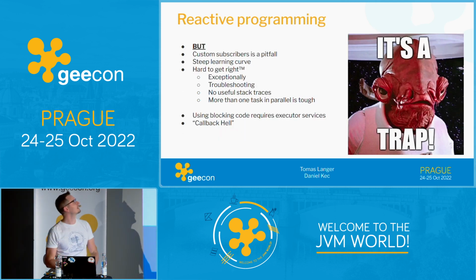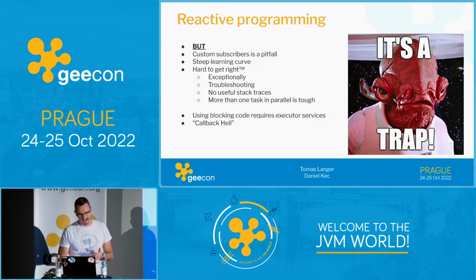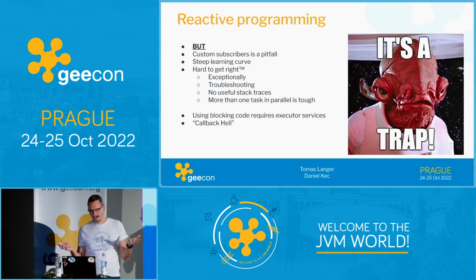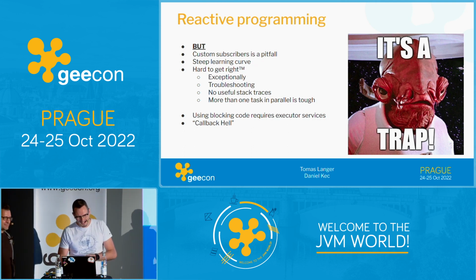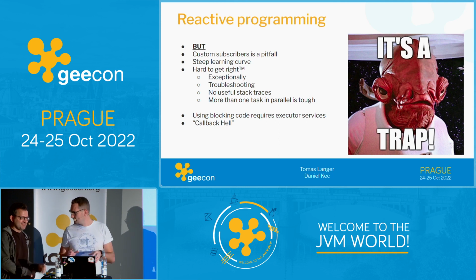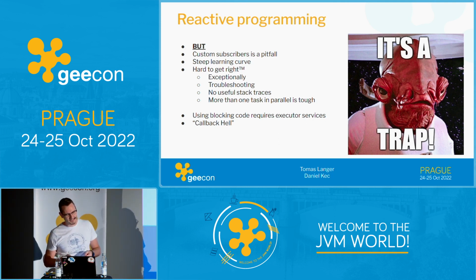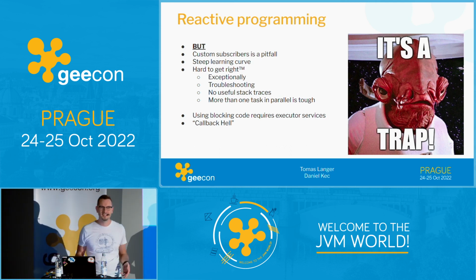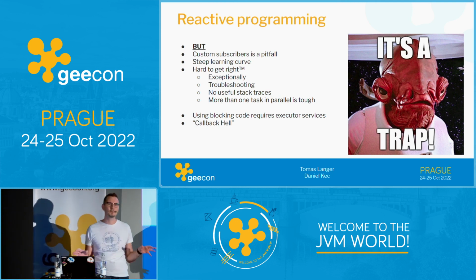But reactive programming has a lot of buts. You can implement your own subscribers. Well, you can, but you shouldn't. It's really hard to learn it and learn it right. And if you already understand it, it's really hard to maintain the reactive code.